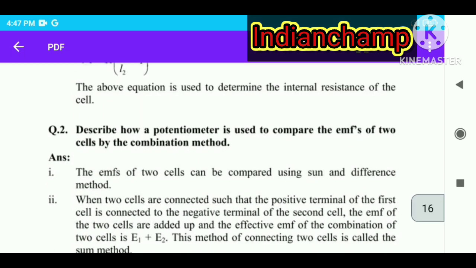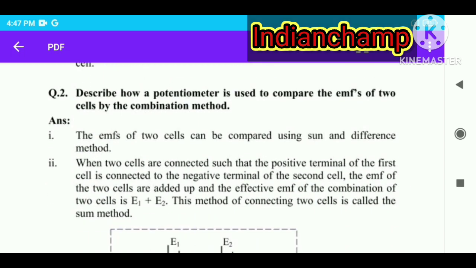Question number second. Describe how a potentiometer is used to compare the EMF of two cells by the combination method. Answer. First, the EMF of the cells can be compared using the sum and difference method.